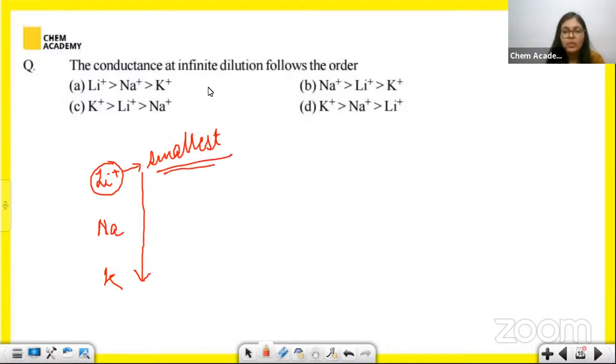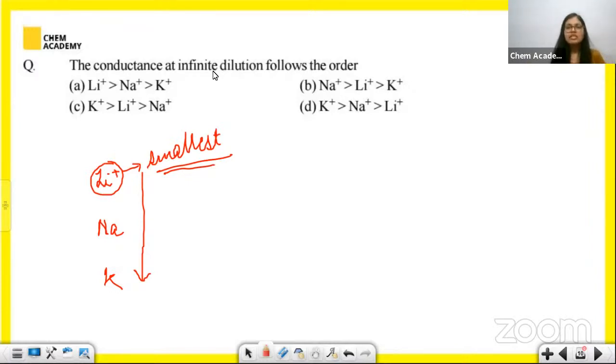So in case of dilution, when water is added, what is going to happen? The smaller the size, the more water molecules it will attract. Since Li plus has the smallest size, it is going to attract the maximum number of water molecules around it.